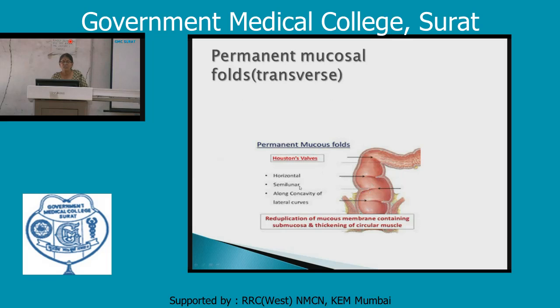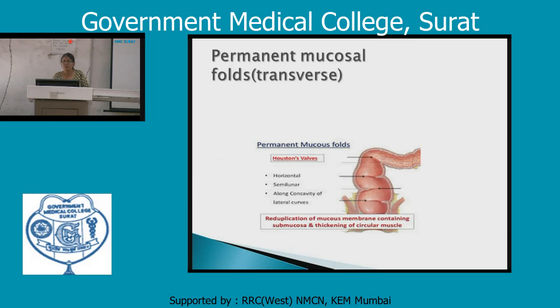They are horizontal, also known as Houston's valves, and they are formed by the reduplication of mucous membrane containing submucosa, and thickening of circular muscles also projects into these permanent folds.